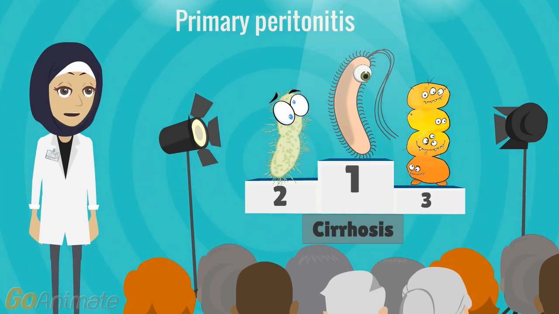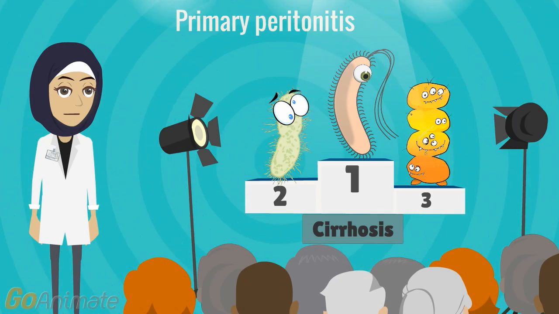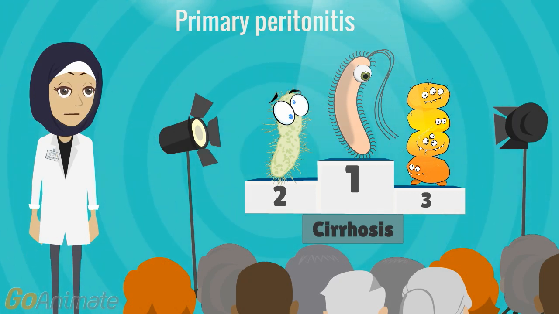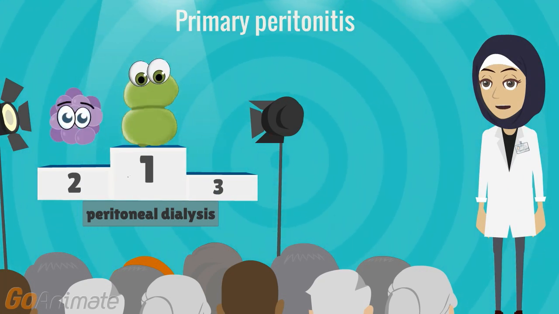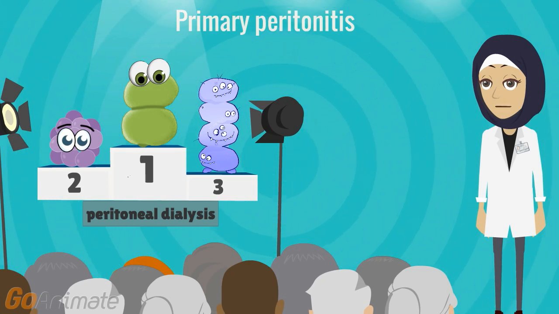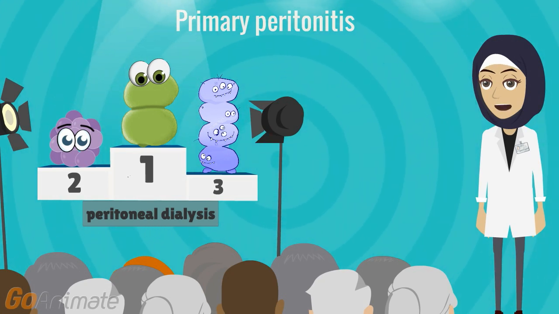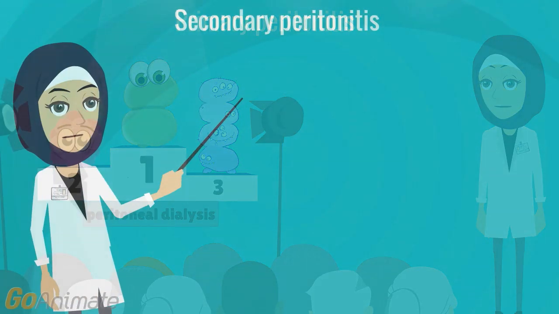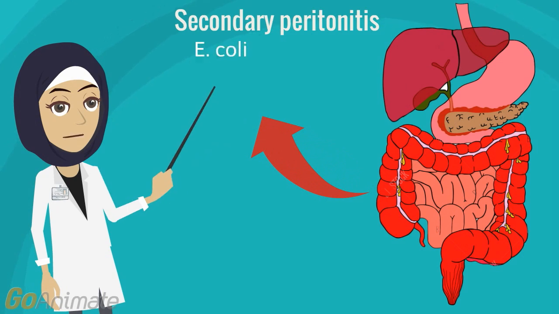In cirrhotic patient, E. coli is the most common pathogen, followed by Klebsiella pneumoniae, then Streptococcus pneumoniae. But in case with peritoneal dialysis, gram-positive bacteria Staphylococcus epidermidis is the most common causative organism, followed by Staphylococcus aureus and Streptococcus species. While with the secondary peritonitis, there will be presence of the intra-abdominal pathogen and polymicrobial infection.